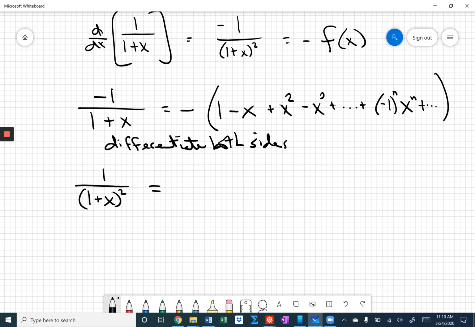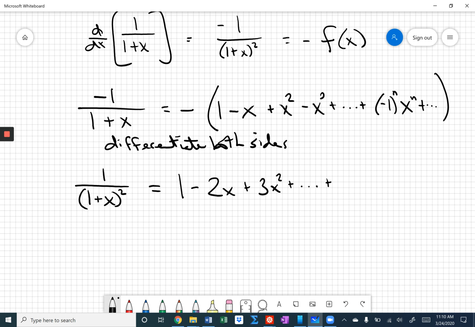And then if I differentiate this side over here, I'm going to mentally multiply all of this through. So derivative of negative 1 is just 0. Derivative of x is going to be 1. The derivative of negative x squared is going to be minus 2x. The derivative of x cubed would be 3x squared, and then plus dot dot dot plus.